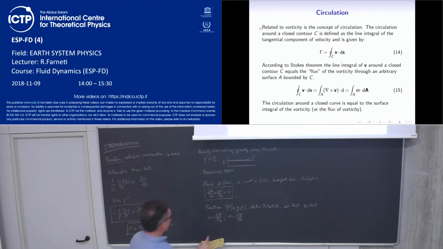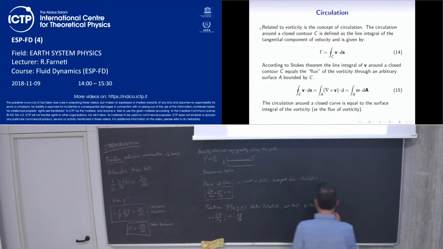And this is true for the case that we have built, so that psi is 0, 0, psi for a vector field u, which is u, v, and 0 in the z.